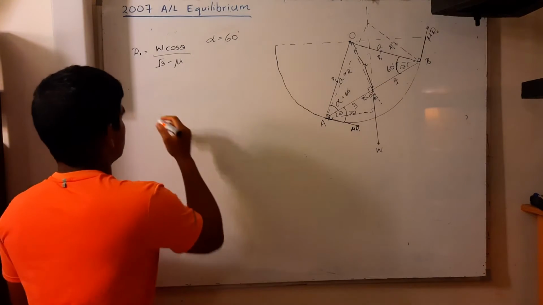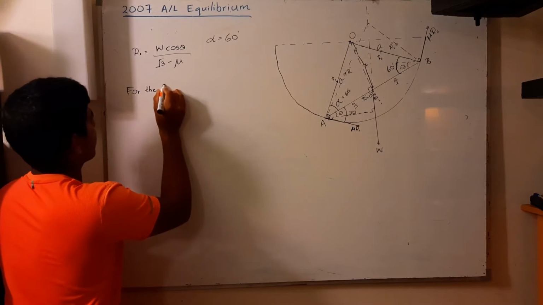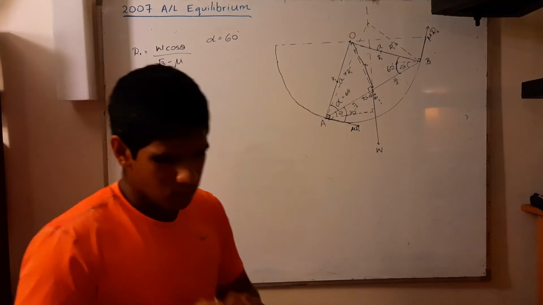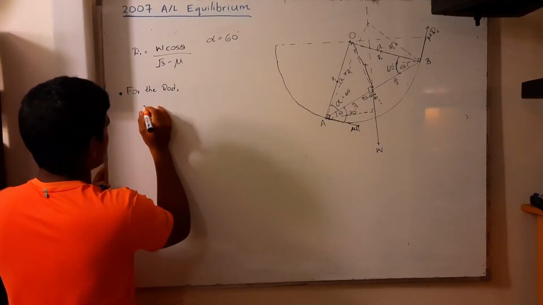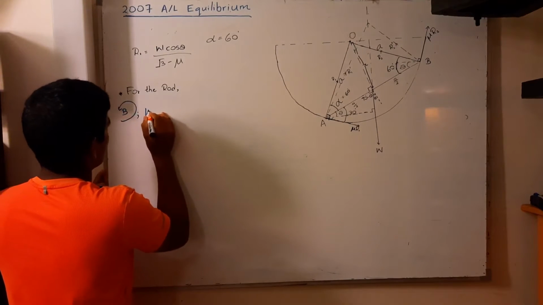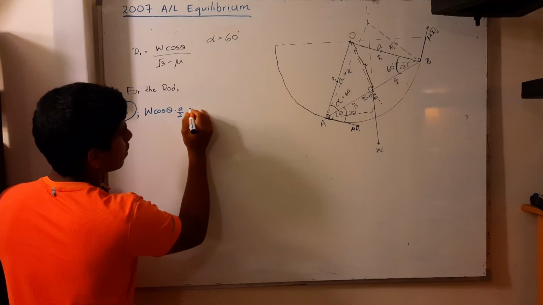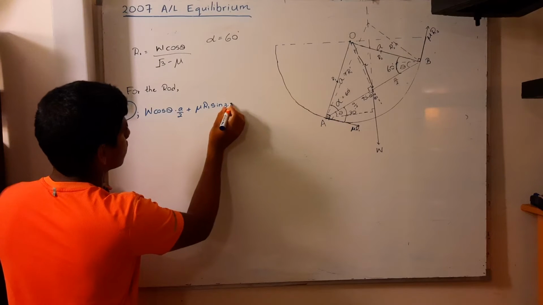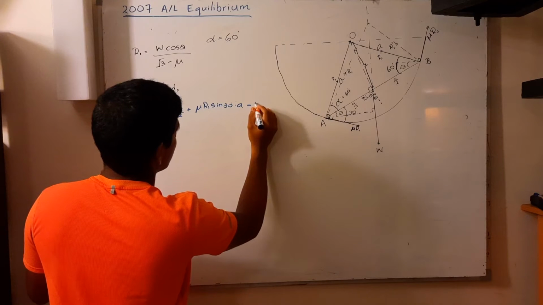So for the rod, if we take the anti-clockwise moment on B, W cos theta into A by 2 plus mu R1 sine 30 degrees into A. Then you can see the R1 is acting in the opposite direction, so it will become negative.